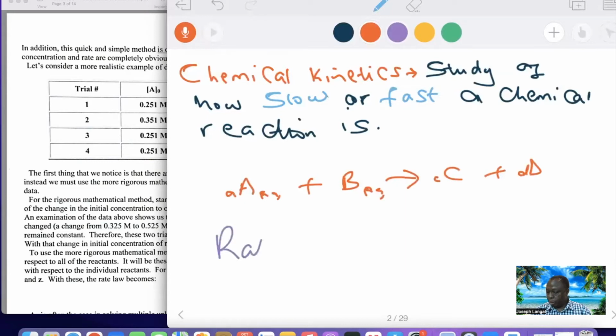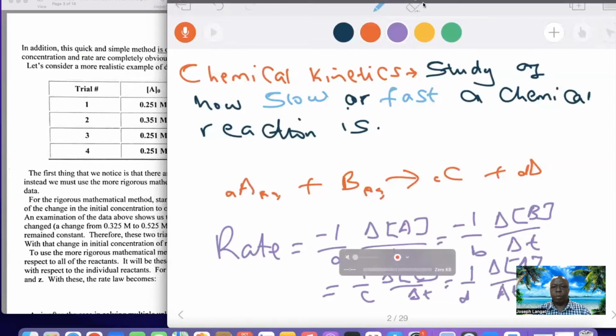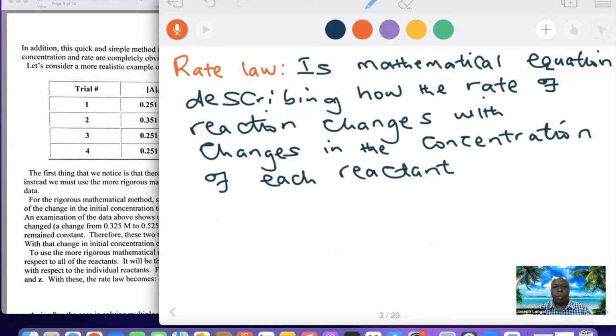The rate for this could be expressed as minus 1 over a, change in concentration of A over change in time, or change in concentration of B over change in time, or it could also be monitored as a function of product C, change in concentration of C over change in time, or D as change in concentration of D over change in time. All these represent the rate of reaction.